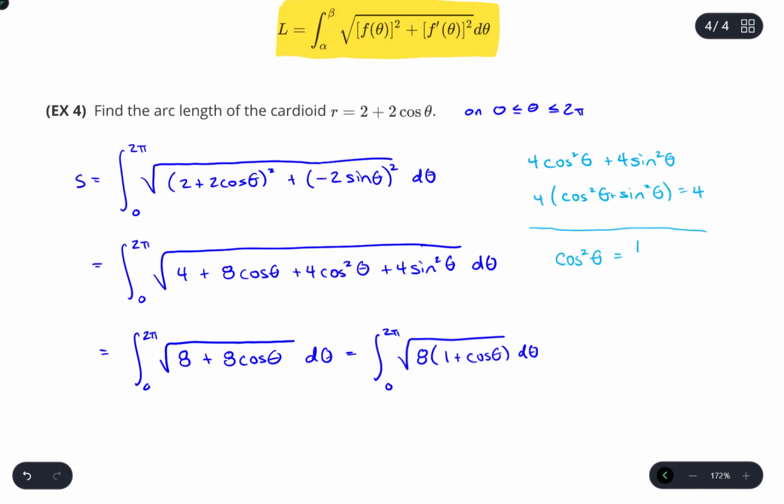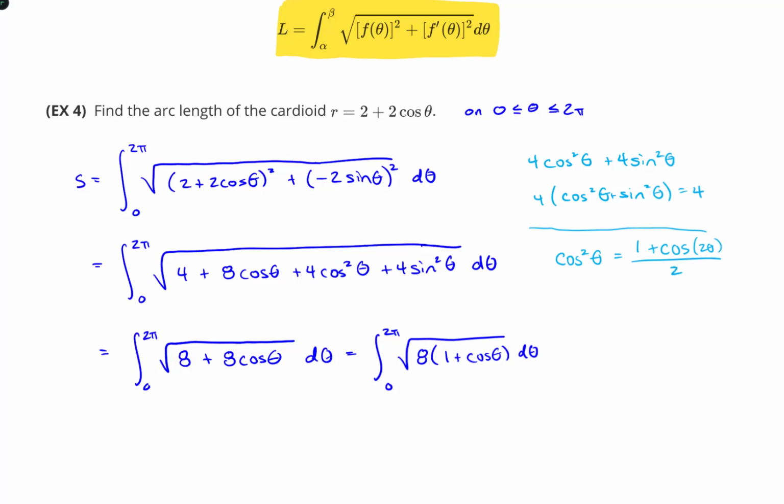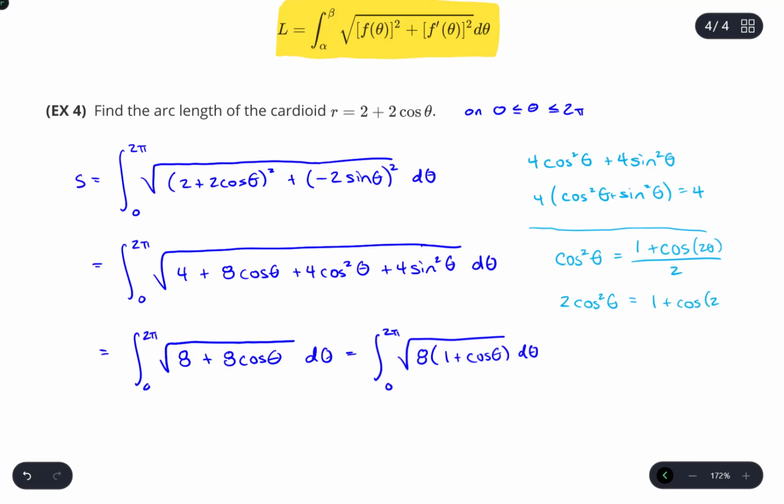So that's cosine squared theta equals 1 plus cosine 2 theta all over 2. Now these identities don't have to be used as is. We're free to manipulate these as we please. So for instance, one thing I could do is multiply both sides of this by 2, and I could say 2 cosine squared theta is equal to 1 plus cosine of 2 theta.